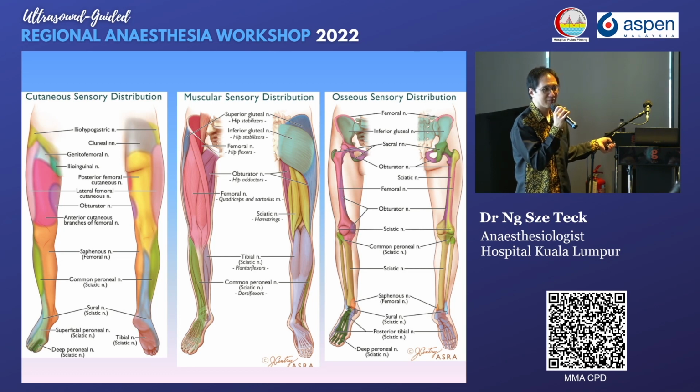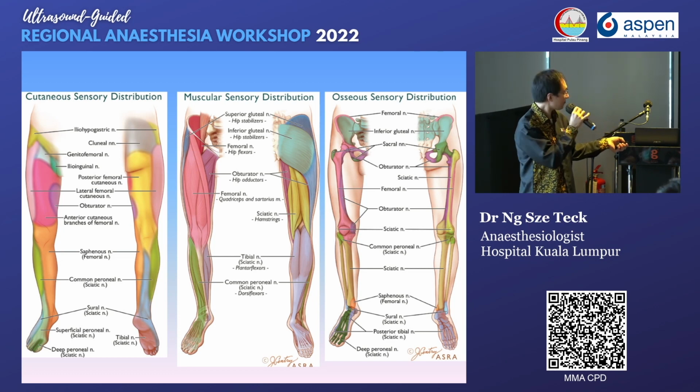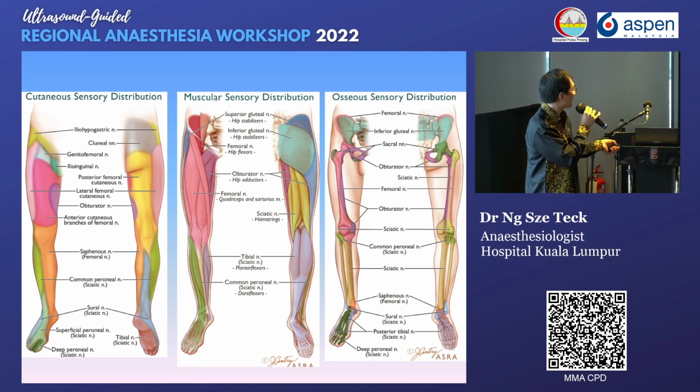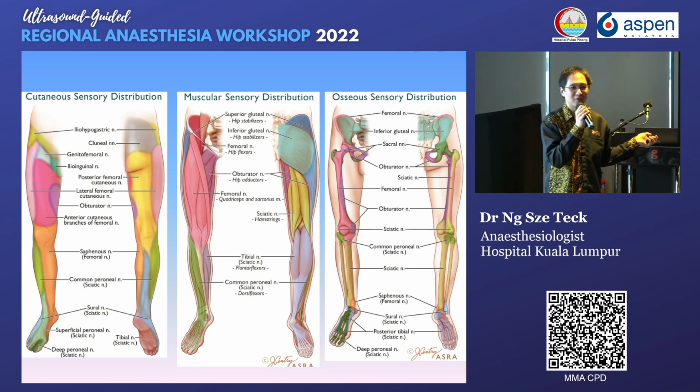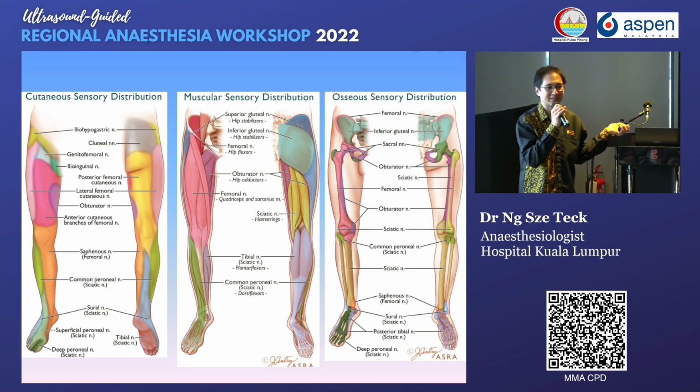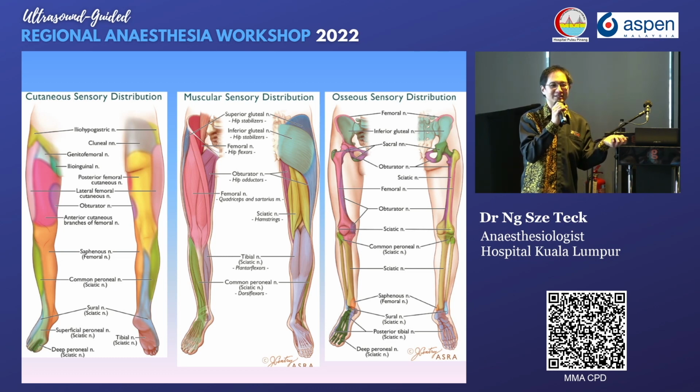But if they are going a bit higher, you might even need to block the ilioinguinal nerve. Then you need to block the femoral nerve. And if they want to go through the trochanter, you might even need to block the posterior part, the sacral plexus, the sciatic nerve. So it's not just one injection for all.